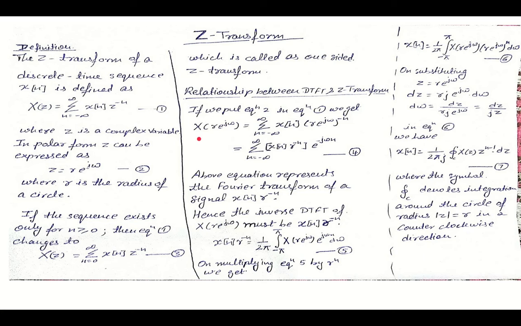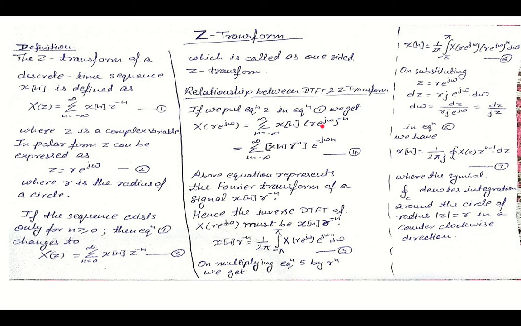It will result in X(r e to the power j omega) equal to the sum from n equal to minus infinity to plus infinity of x[n] into (r e to the power j omega) to the power minus n.